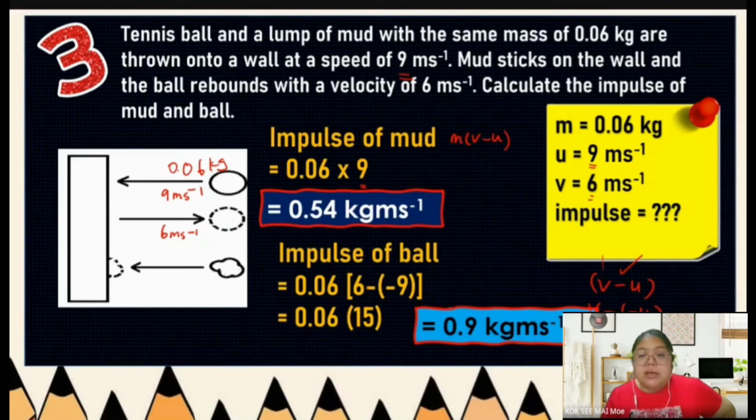So this is how we change the final answer. If you don't want negative, we just take left and right, you change the direction only. We always take the final, v, as the positive direction, and the initial as the negative direction. So the final answer is positive.